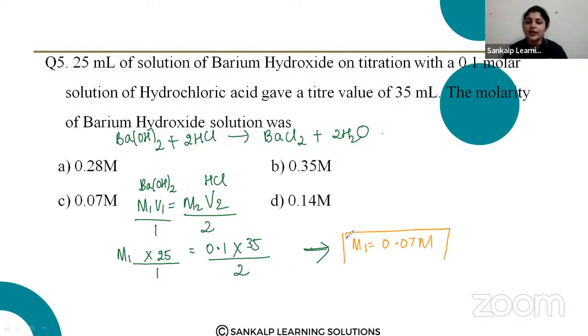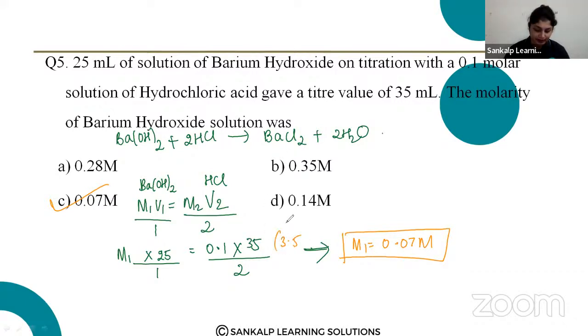The answer molarity will be option C. So you have to solve it. What you do: 0.1 into 35 comes to be 3.5.